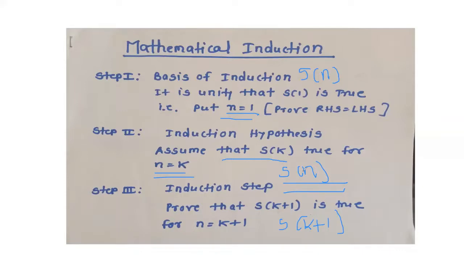Then assume that S of n is true for n is equal to k. And in the third step, prove that S of n is true for n is equal to k plus 1. That is, we have to prove S of k plus 1 is true. So we'll see an example.